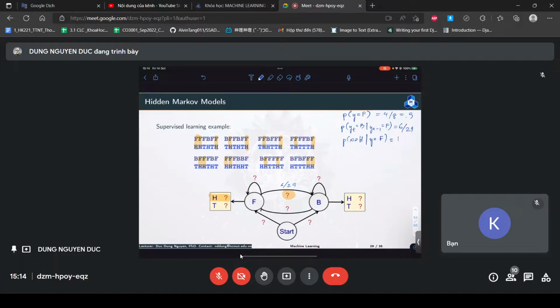So you get 17 over all the observations you can have from the state F.